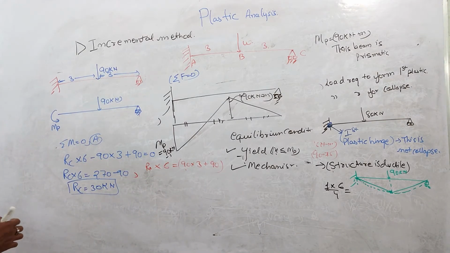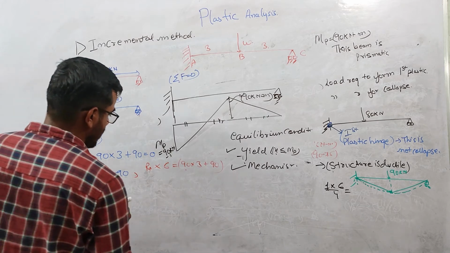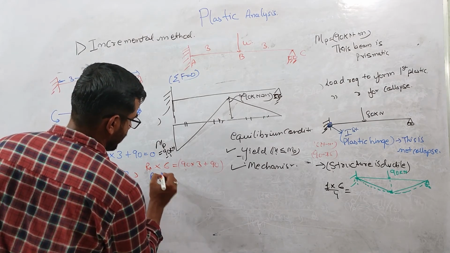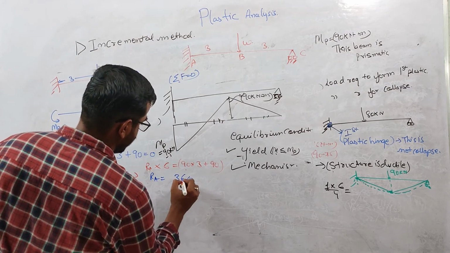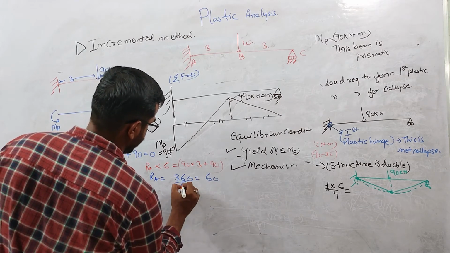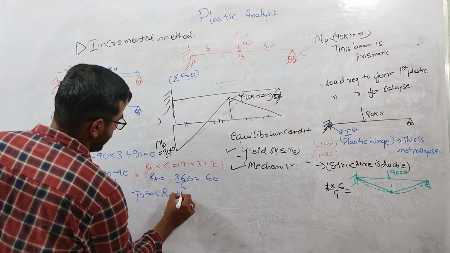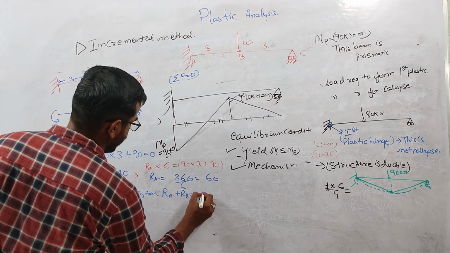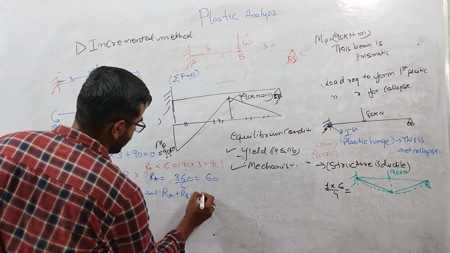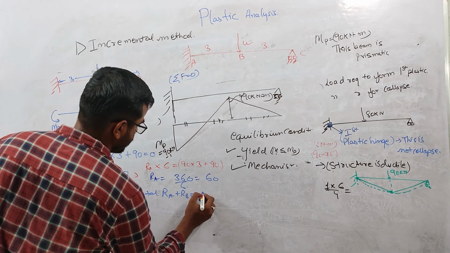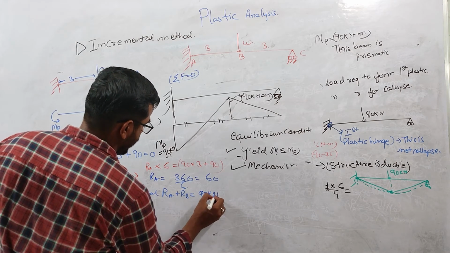So RA will be 360 divided by 6, which is 60 kilonewton. So total RA plus RC is basically 90 kilonewton.